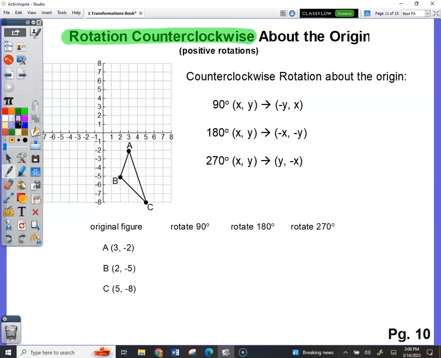Then let's make a note that now 90 degrees, the rule is what you see right here, negative y, x. 180 degrees, highlight the rule. 270, highlight the rule.